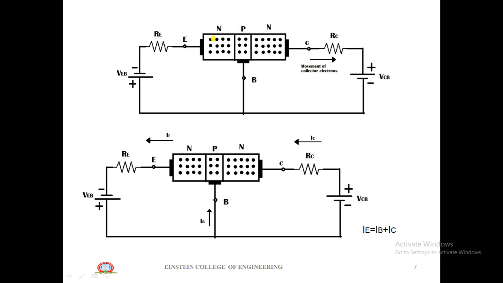The current direction of the electrons is from emitter to base and base to collector. But the conventional current will be opposite to the flow of electrons. You can see the current direction here. It is opposite to the flow of electrons. And in this we can say the sum of base current and collector current gives the emitter current.